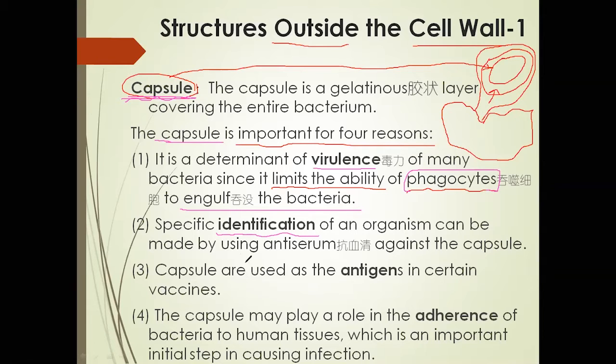This kind of identification function may be good for humans. What does a special identification function mean? It means different bacteria have different capsules, different shapes, and different chemicals. They have a special kind of shape or maybe a special kind of protein that makes them totally different from other bacteria.